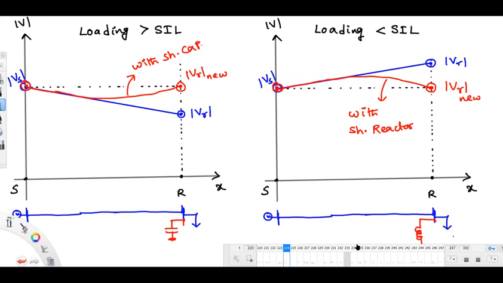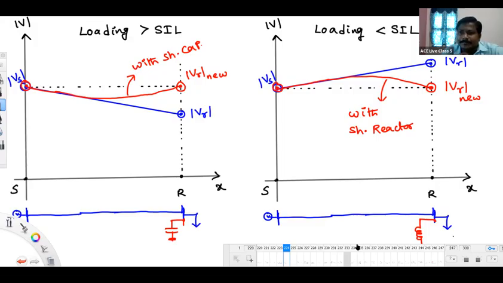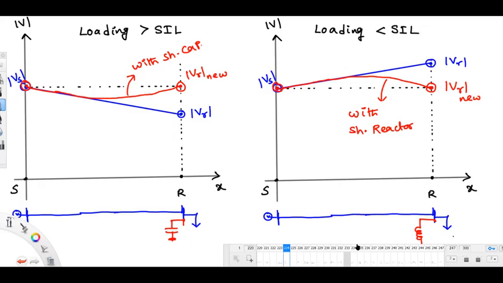Is there any practical example of loading such that IR equals IS and VR equals VS? We will attempt to keep it. We can achieve it, but it is not regular practice in transmission.